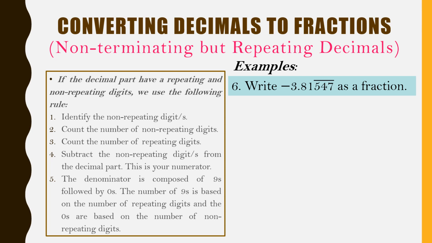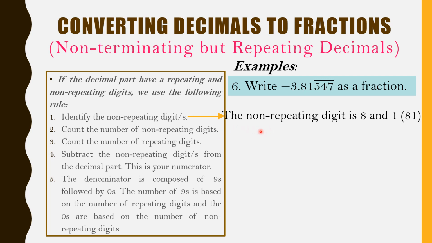Next example. So we have here a negative decimal. We follow the steps in converting non-terminating but repeating decimals to fractions. For step 1, again, we identify our non-repeating digits, which are 8 and 1. Number 2, we count the number of non-repeating digits.